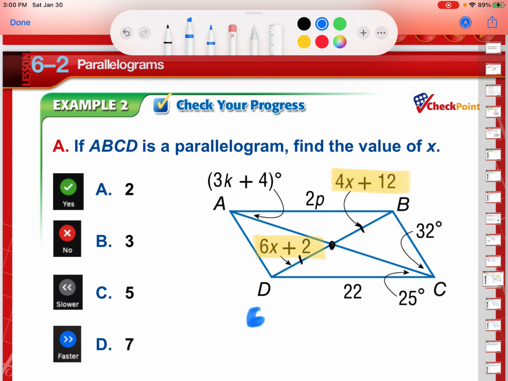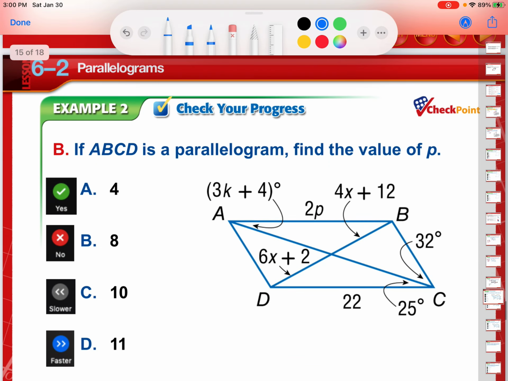So if we say 6x plus 2 equals 4x plus 12, then we end up with 2x equals 10, or x equals 5.